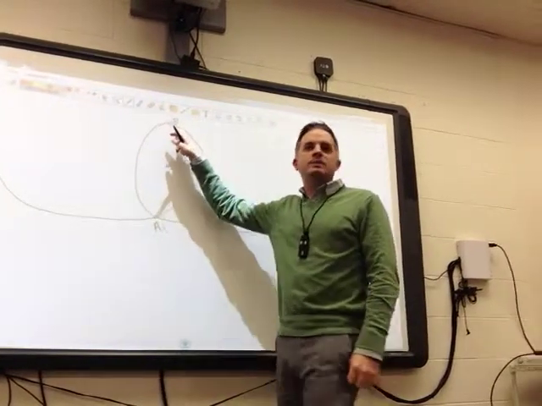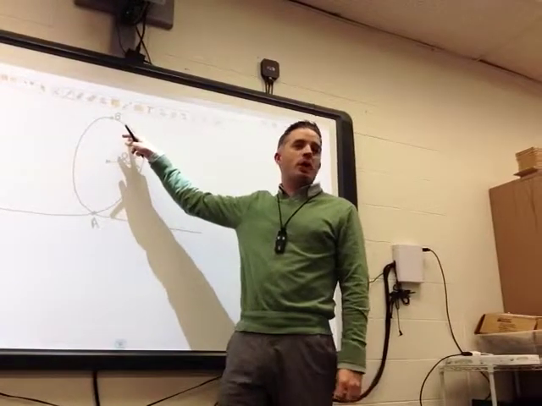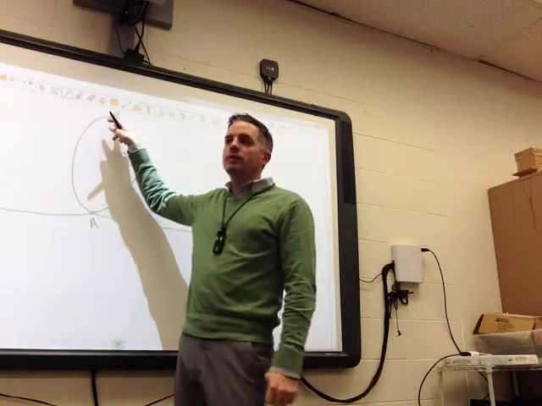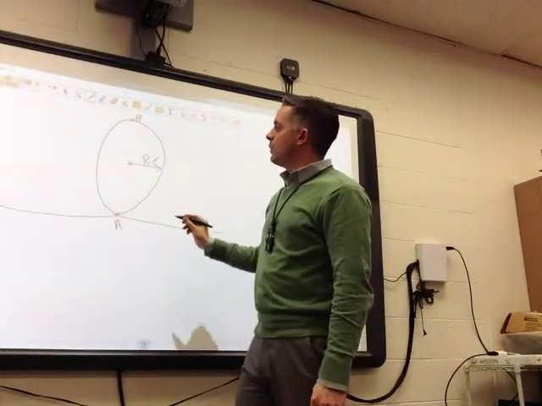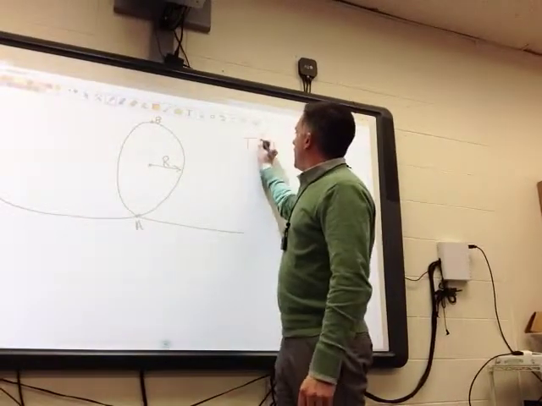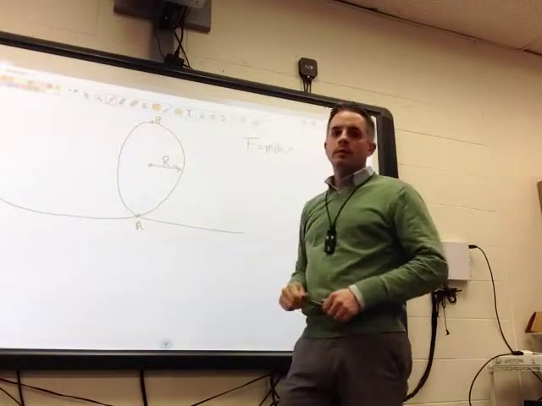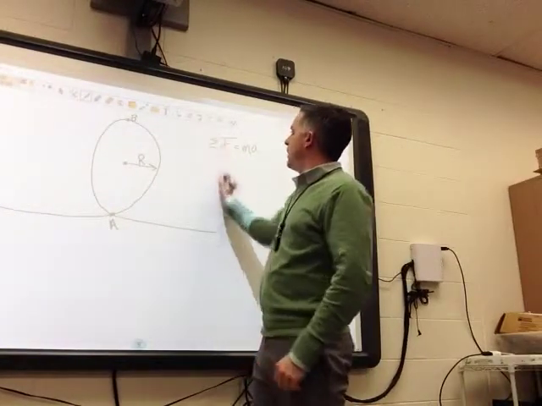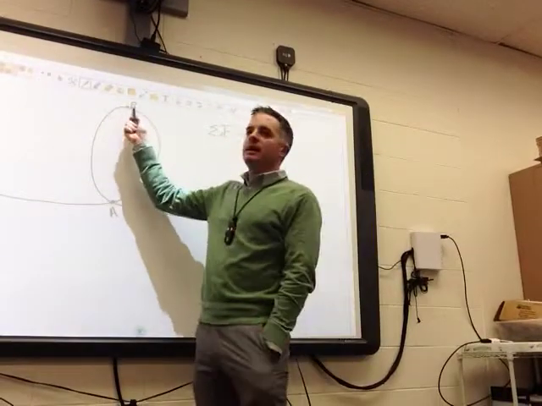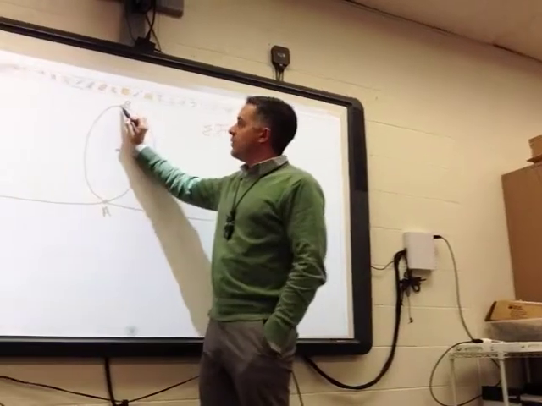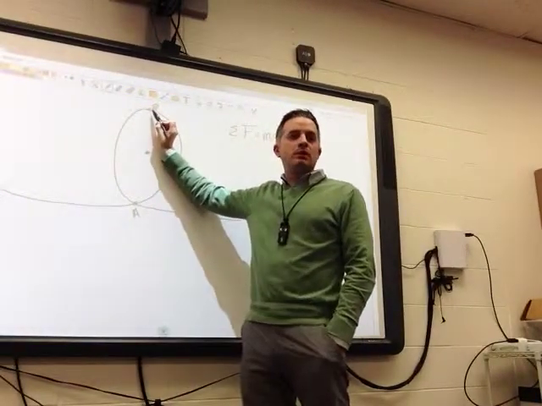Now we've done this before already. We've solved for this speed a few times, but we'll go through it really quick and do it again. So we know that F equals ma, or the net force is equal to ma. When we're at B and we want to know the minimum speed, then we remember that the normal force is equal to 0 here.